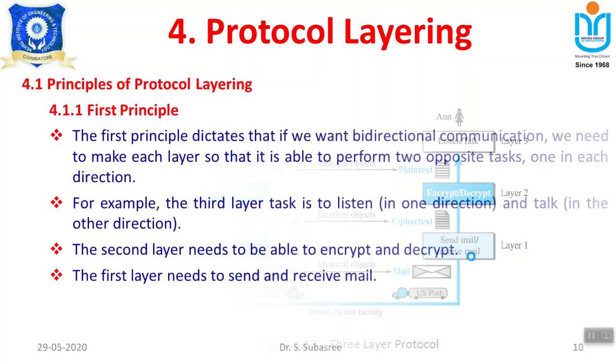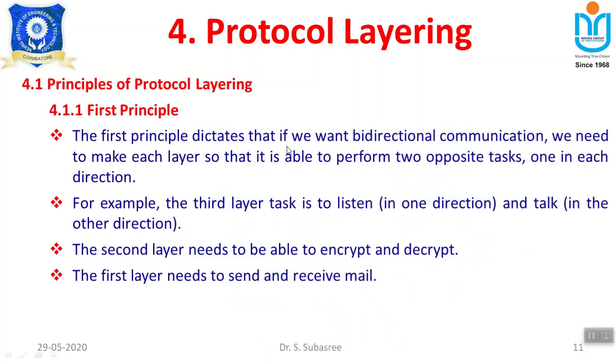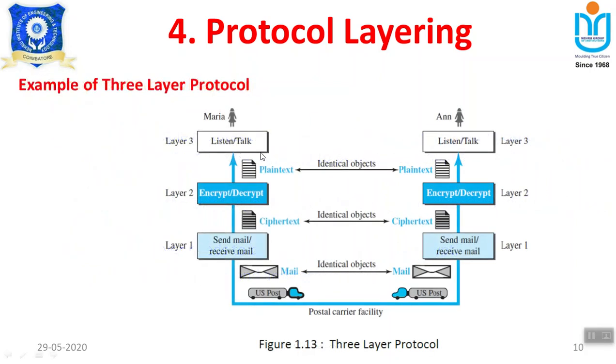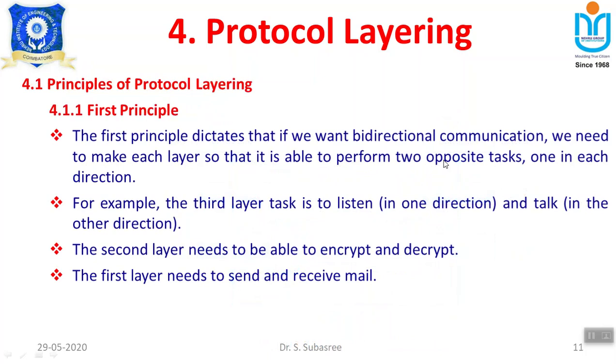So now you read this point. The first principle dictates that if you want bidirectional communication, yes, it is a bidirectional communication. Both persons can send and listen. Is it not? Listen and talk is possible by both persons. Encryption and decryption can be done by both persons. Sending and receiving is also done by both persons. So it is called bidirectional. And here each layer has to be able to perform two opposite tasks.